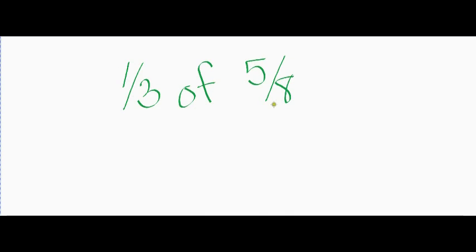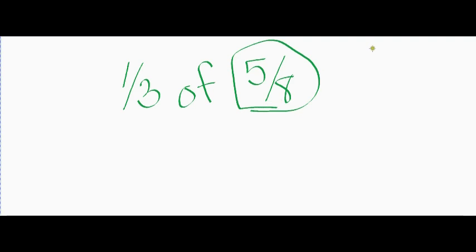which then leads us into complex fractions. A complex fraction would be when you have a fraction of another fraction. And you're going to hear that terminology very often when we start talking about multiplying and dividing fractions. So if you had something, say, 1/3 of 5/8, now this second fraction becomes like its own denominator.